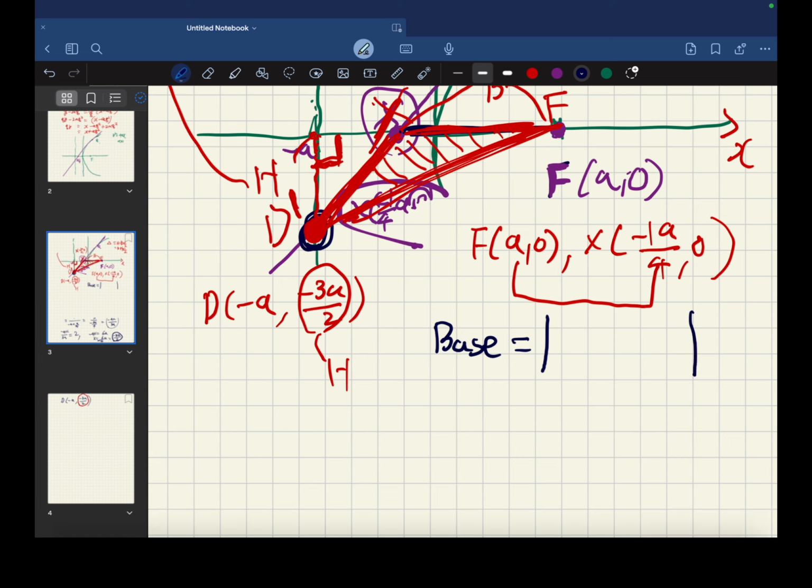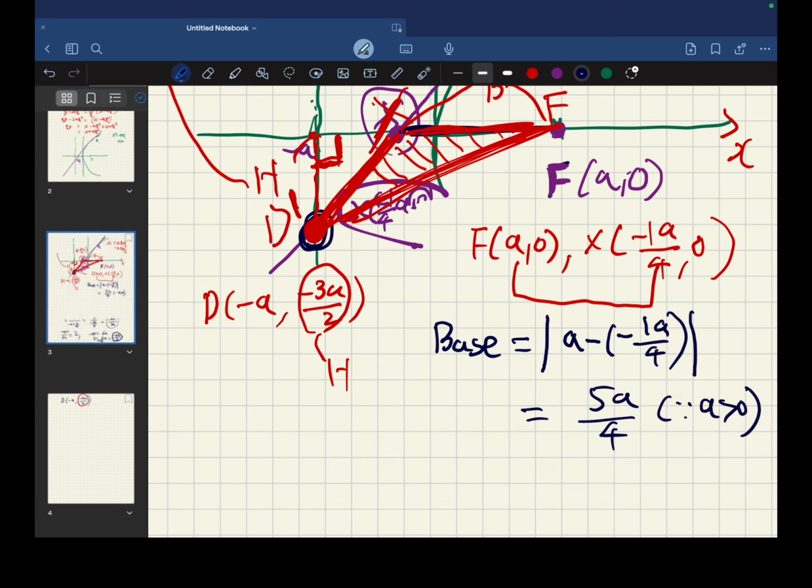So a minus minus a over 4 here must be 5a over 4, since a is positive.